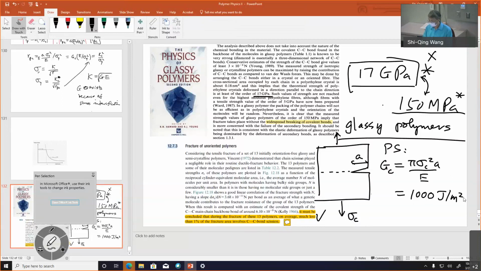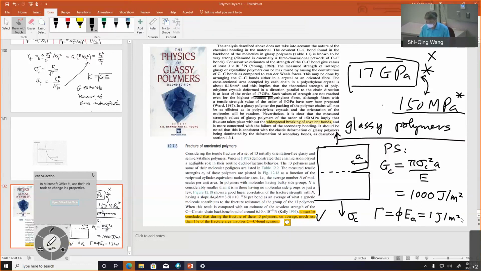Okay, so one could try to estimate what is the surface fracture energy. And you find that if you really think all the bonds are breaking, you can estimate and find that this energy is on the order of 1 joule per meter squared.